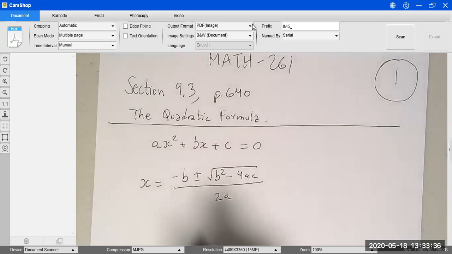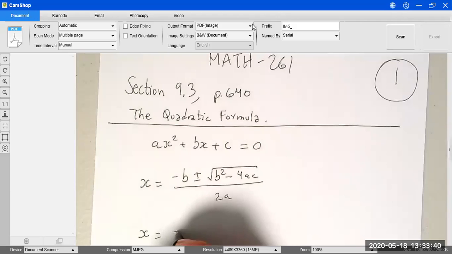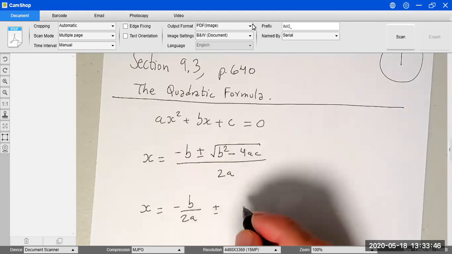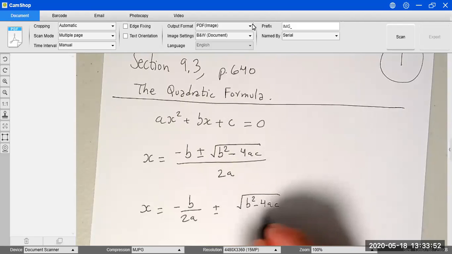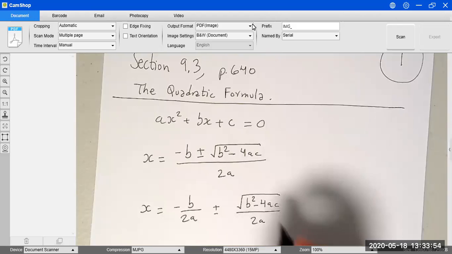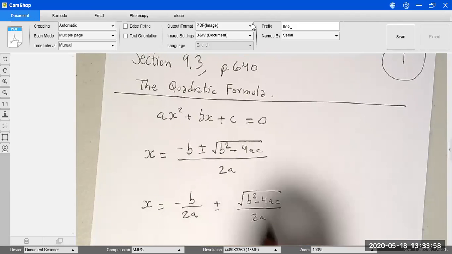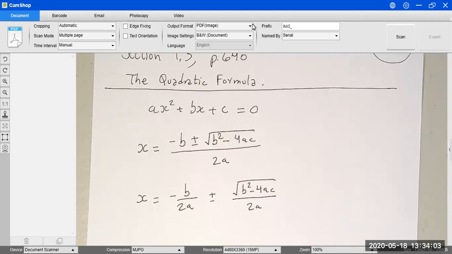So for example, instead of having this, I used to have x equals minus b over 2a plus minus square root of b squared minus 4ac also over 2a. In that way, sometimes it's easier to understand how those two solutions are going to be worked out.